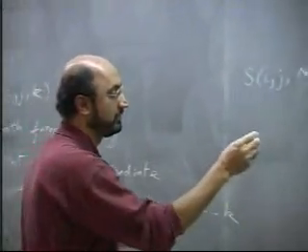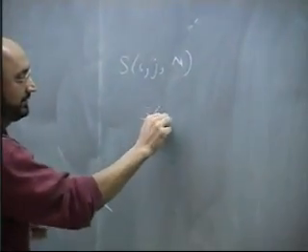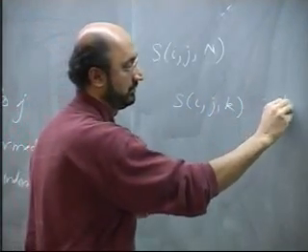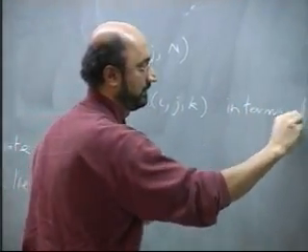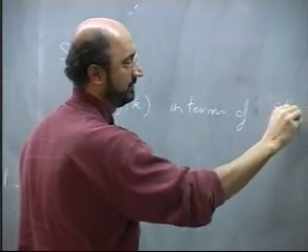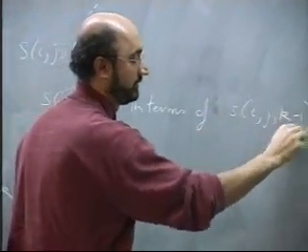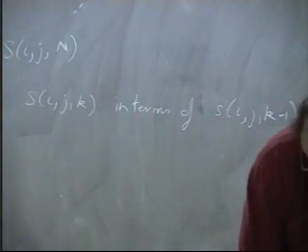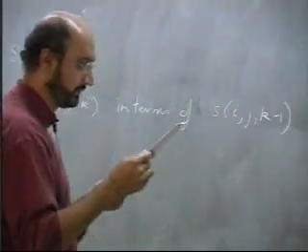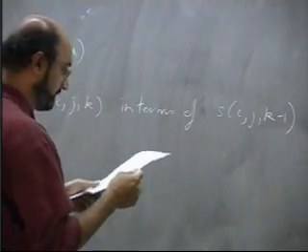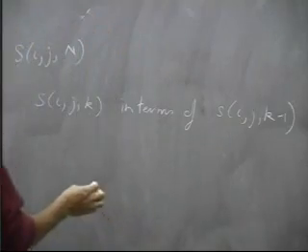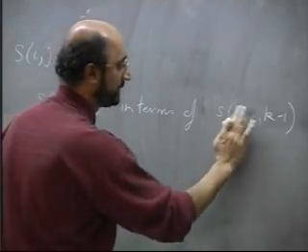We're going to compute S_ijk in terms of S_ij,k minus 1. Let me be careful about how I do it. Maybe I should not put ijk over here.